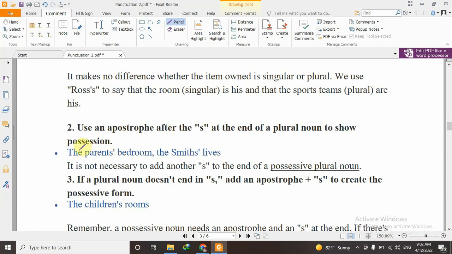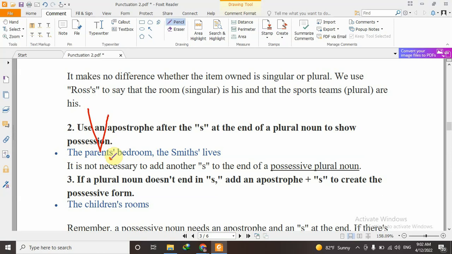For example, as I said, my sisters' dress, the parents' bedroom. Now the parents, they are two, father and mother, so they are plural. This is a plural s.